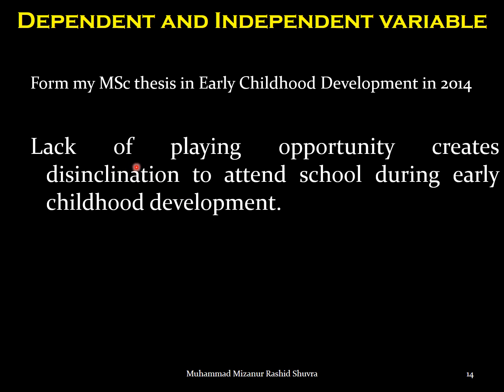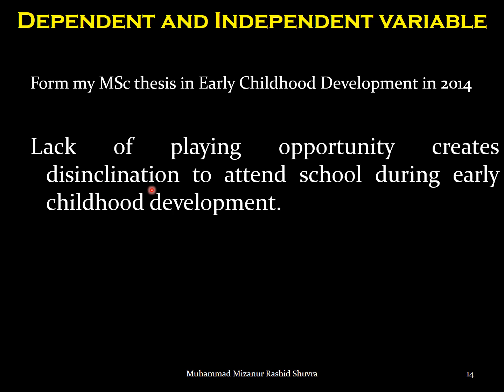So look at it again. Lack of playing opportunity creates, and that's already telling you that this lack of playing opportunity itself is creating something. So this is going to give that result, and therefore this is not dependent, but it creates the result, disinclination to attend school.